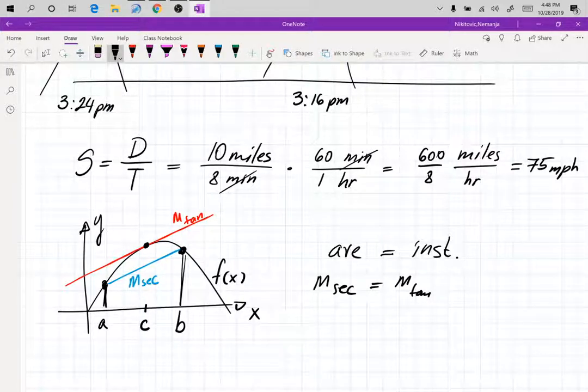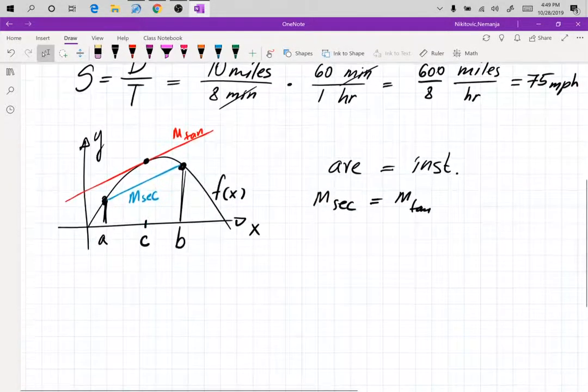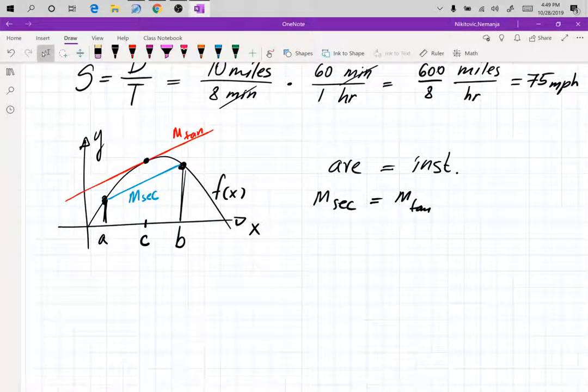So the function was differentiable and it was continuous, and that's why all conditions are satisfied. When you satisfy the conditions, you get to equal the two, and then we have average equals instantaneous, meaning slope of the secant line is equal to slope of the tangent line. So that's the theoretical part.